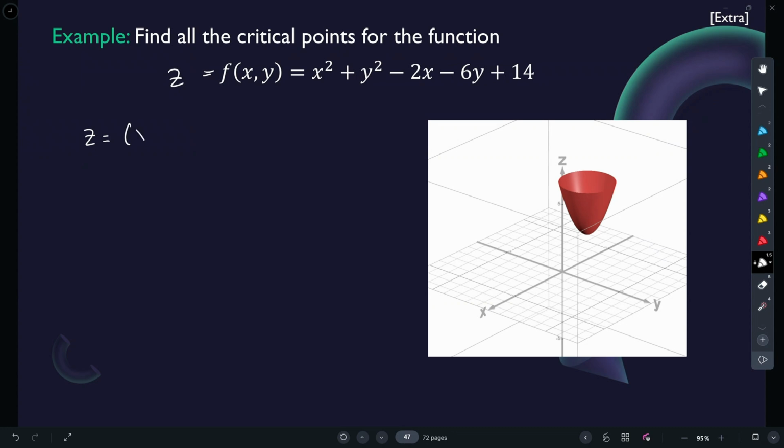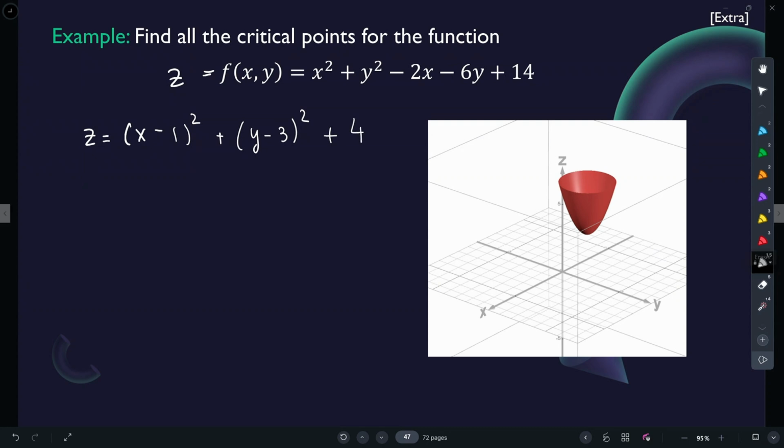I complete it to (x minus 1) squared. And the other, in y, I would complete it to (y minus 3) squared. And then from here, I would get a plus 1, plus 9 is plus 10, but I have 14, so I need a plus 4.